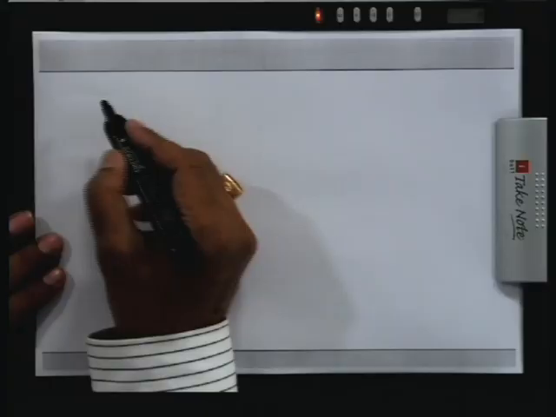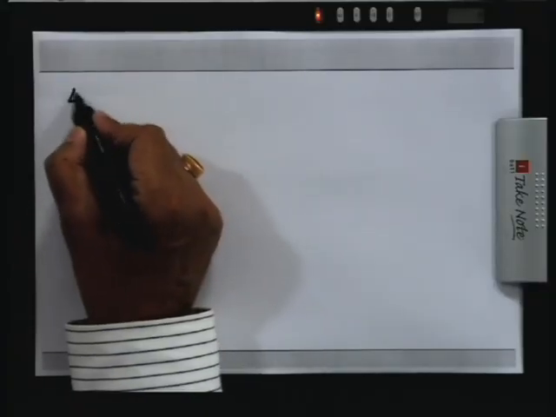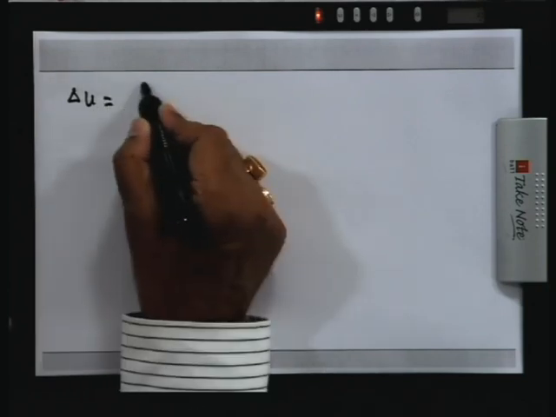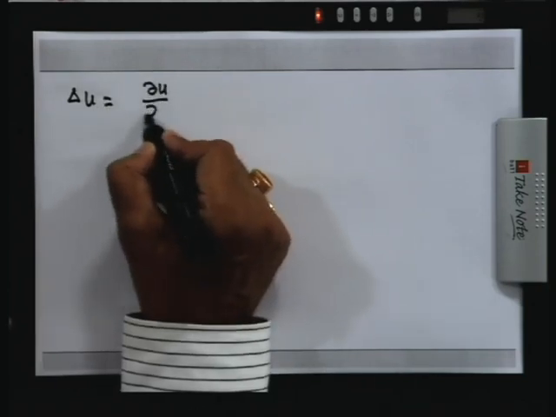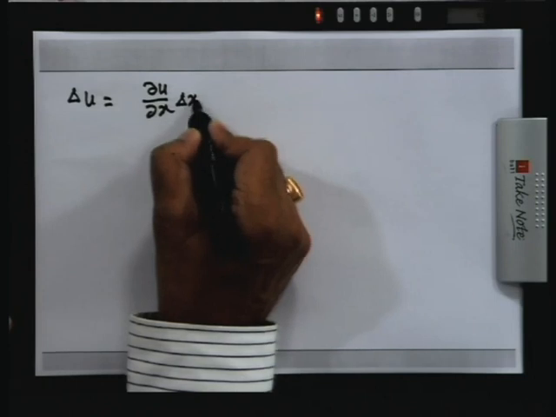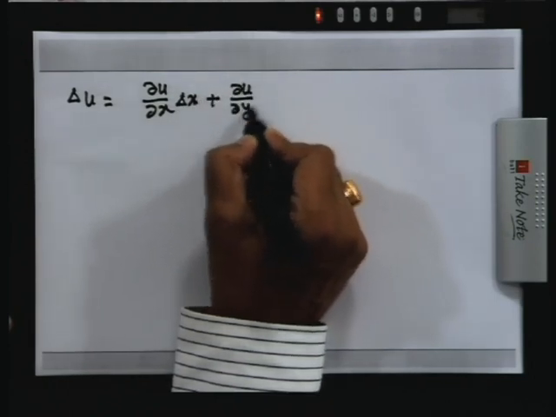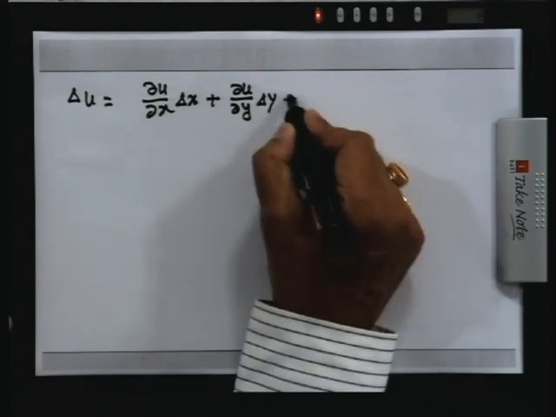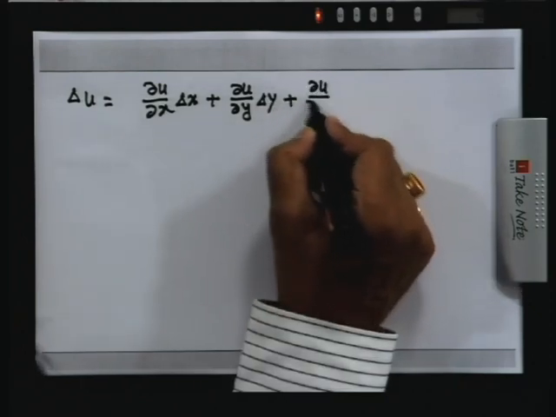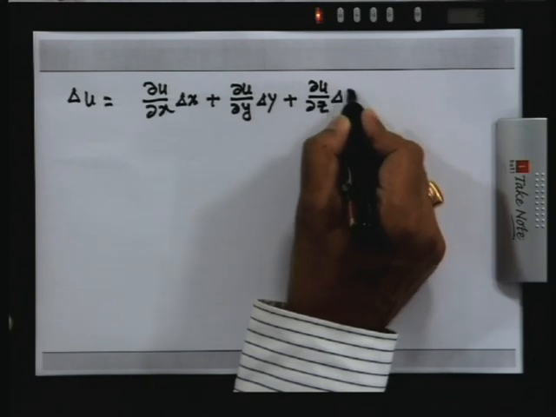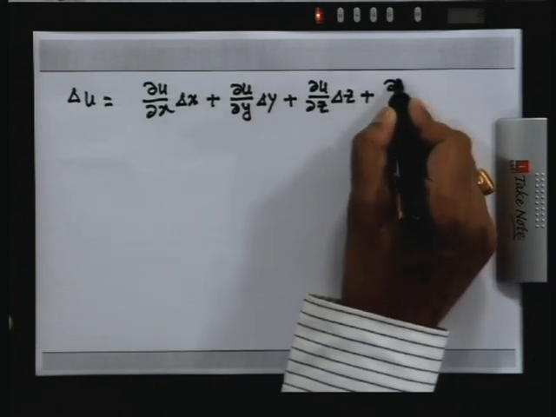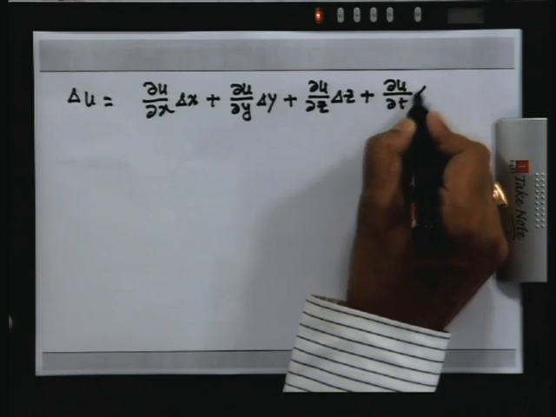Then what we get, writing again, is delta u equals del u del x into del x, plus del u del y into delta y, plus del u del z into delta z, plus del u del t into delta t.